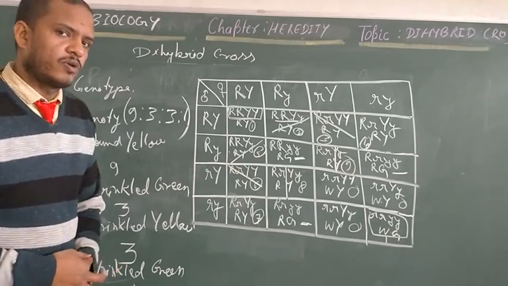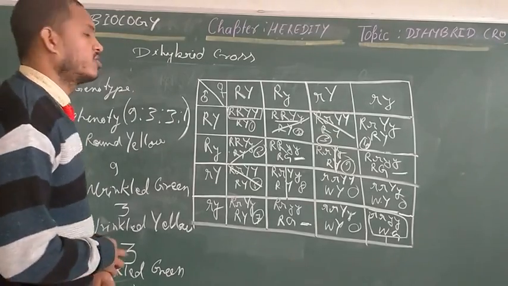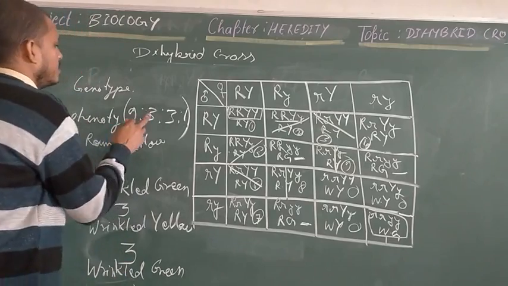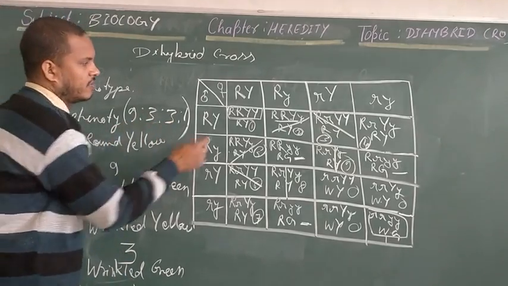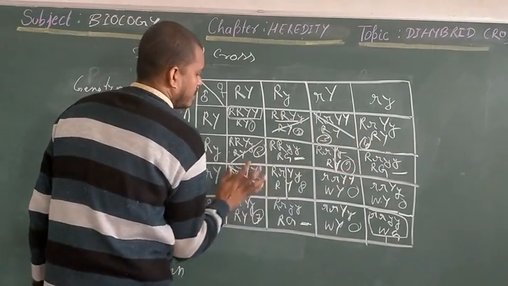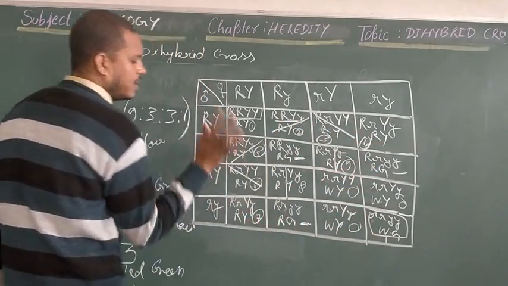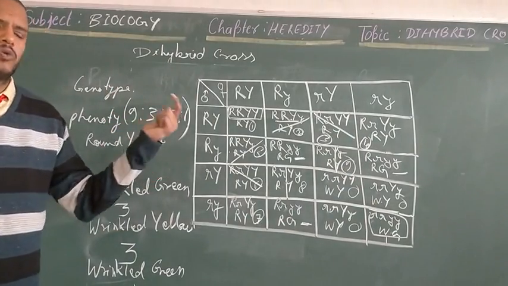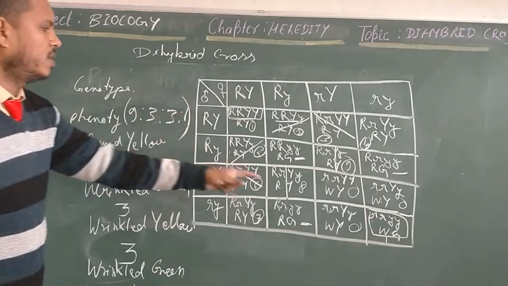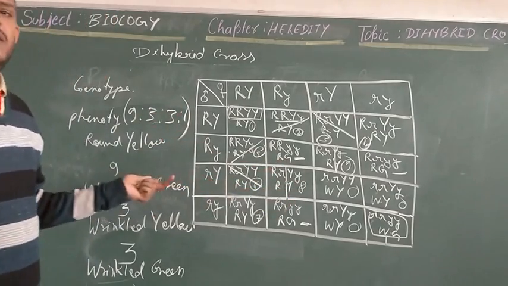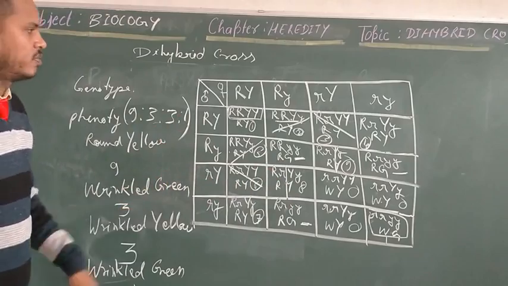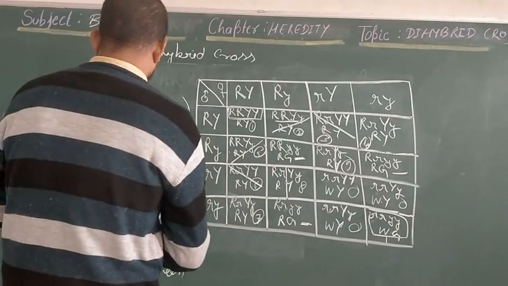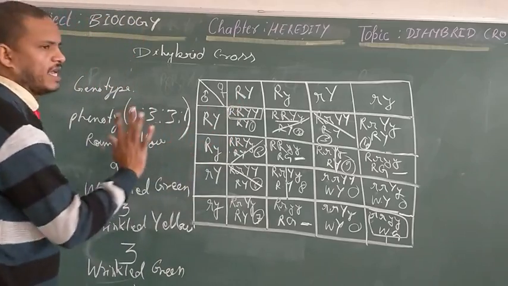Total, when you add them, you will get 16. 1, 2, 3, 4, 5, 6, 7, 8, 9, 10, 11, 12, 13, 14, 15, 16. Total 16. So when you mention the genotype also, 1:2, 1:2, 3:4, 1. In this way you will get total 16 types. That is homework for you, and I hope you are clear with the dihybrid cross.